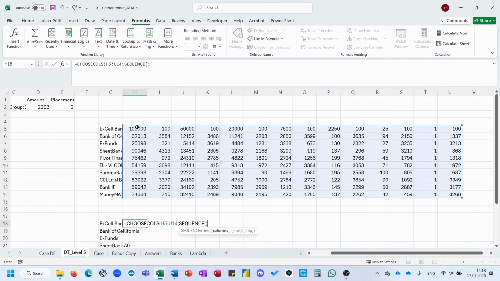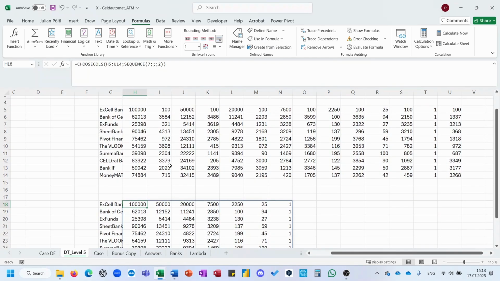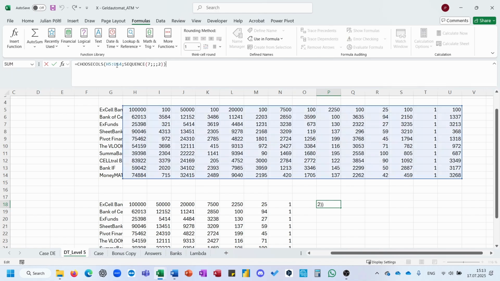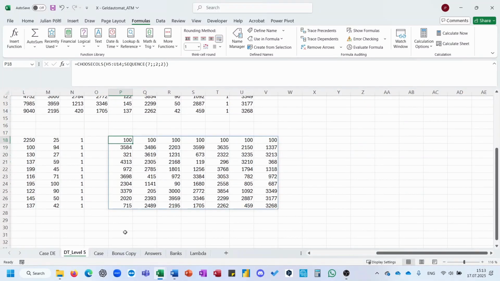I know that it's 7 columns. And now I will only have the values. And let's also use the limits with another choose call. Now I have the limits and the values for a single bank.